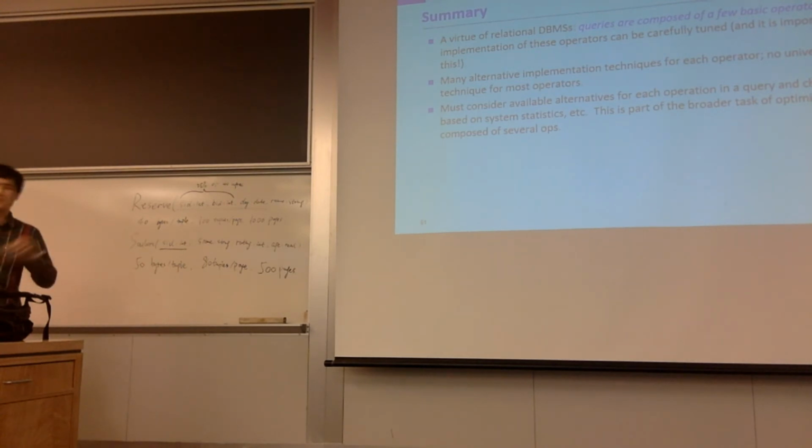You need to take into consideration a lot of factors like buffering, memory pool size, file size, data distribution, a whole bunch of different things. And you typically need to make a lot of assumptions. That's where the inefficiency of our database comes from. So that's it about query evaluation.